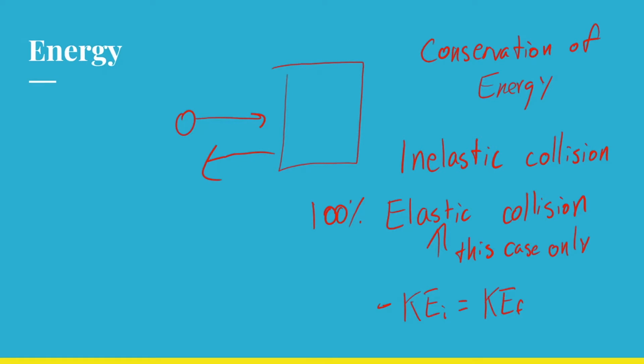If there are two objects moving, so you have object 1, and it's moving like this, and then you have object 2, and it's moving like this, there is a total kinetic energy associated with this. So there's a total kinetic energy of the system.